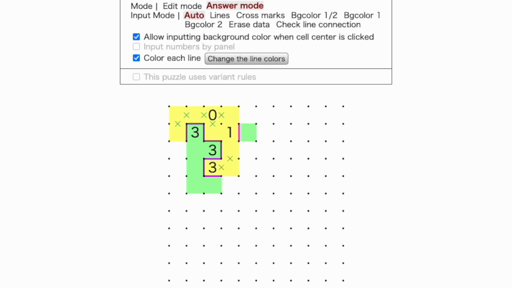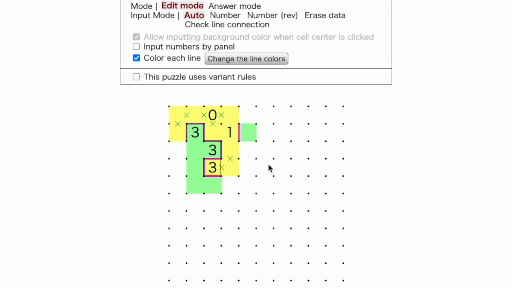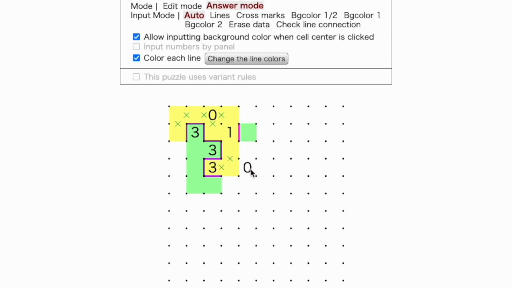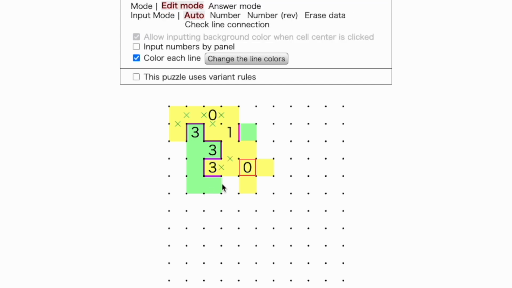So how am I going to do that? I can put another 0 clue right here, which is going to further extend the outside region. And let's say that we put a 1 here.